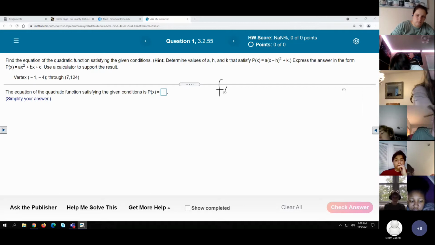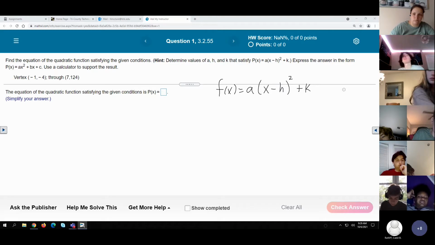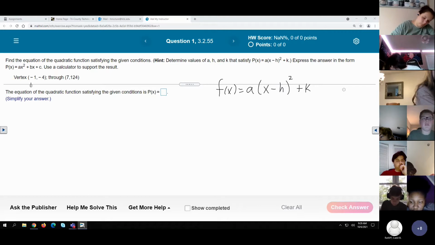F of X is equal to A times X minus H, quantity squared plus K. So our vertex, there's our H, there's our K. So -1 means that we have a +1 in the H function.